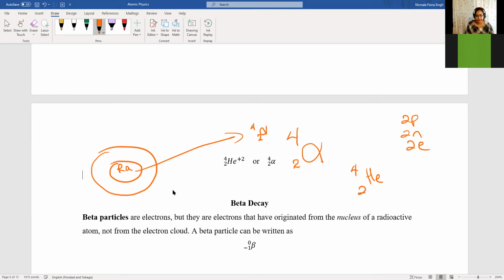So it would be 4 and 2, and if it was neutrally charged, this would be a 0. But since it is just the nucleus, we know it has no electrons. That means this +2 here will not balance out with anybody, and it will now have a +2 charge. Everybody okay with that?